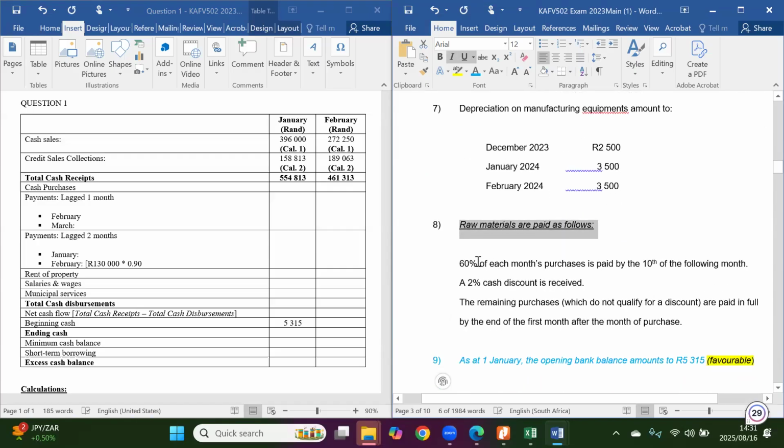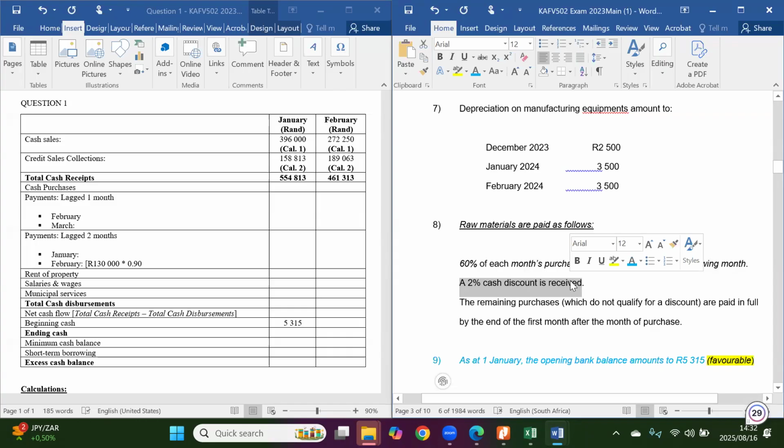They are saying 60% of each month's purchases is paid by the 10th of the following month. Meaning, as far as purchases for January are concerned, they are paid in the month of February. And then a 2% cash discount is received.